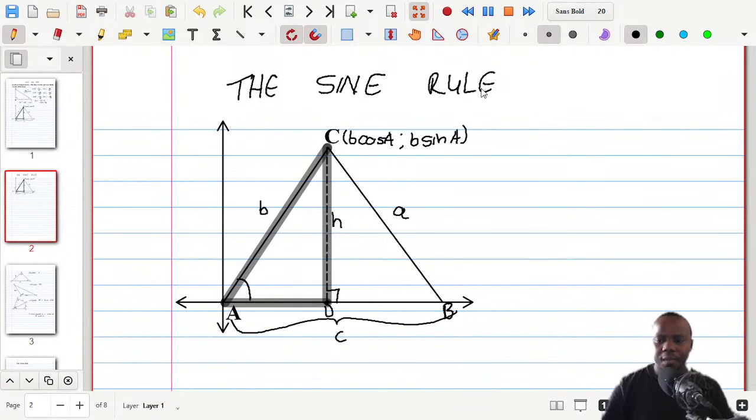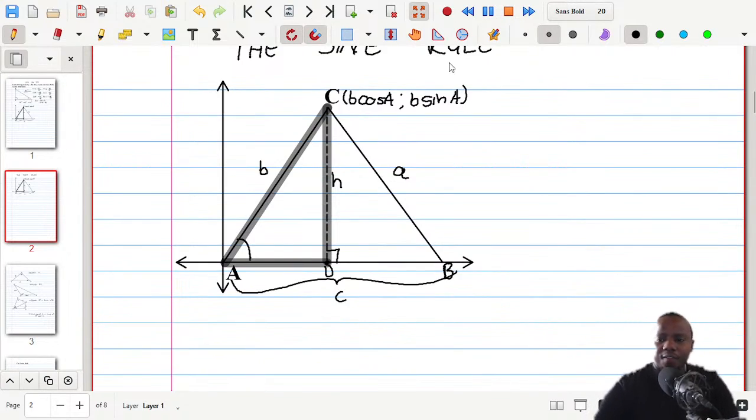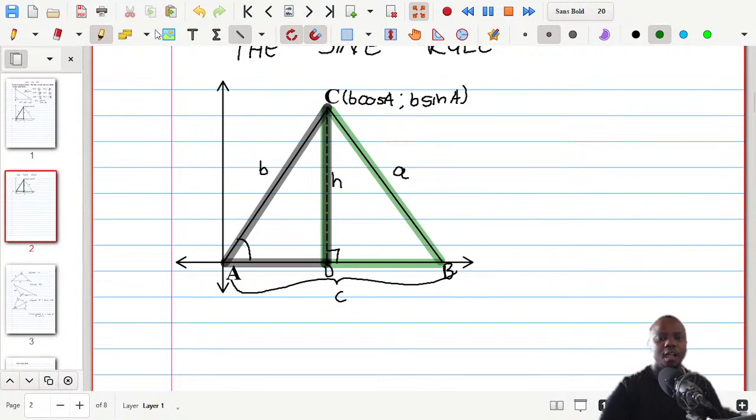So, here we are. The first thing we need to notice is that we've got not only triangle ACD as a right angle triangle, but if you notice, we also have triangle CDB as a right angle triangle. In this triangle, we can also solve for H, but this time we could use B as our reference angle.